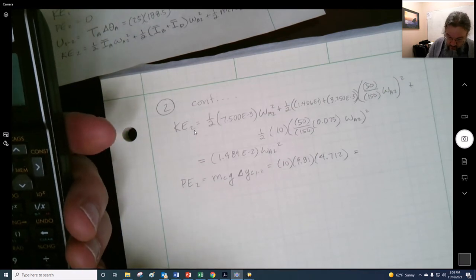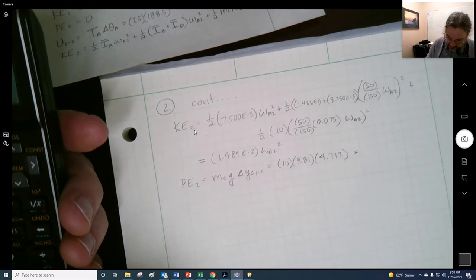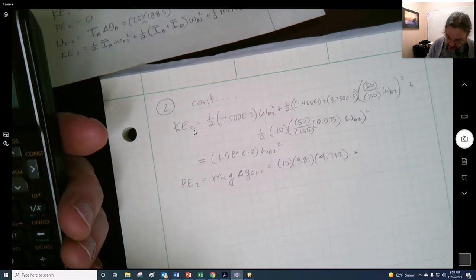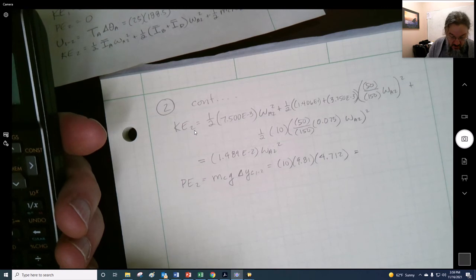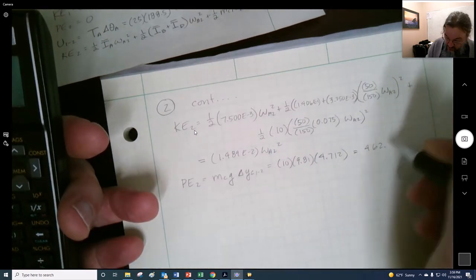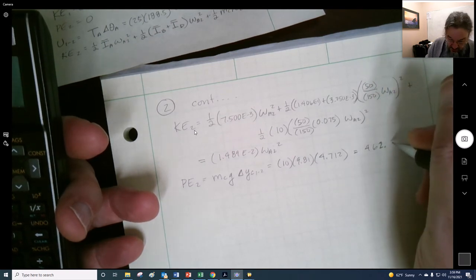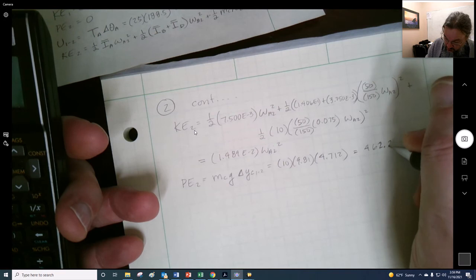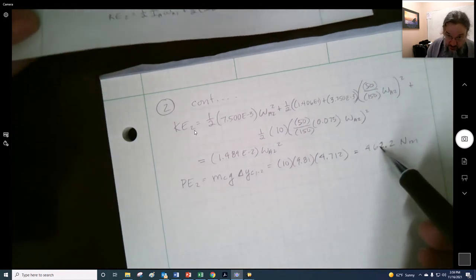So 4.712, 9.81 times 10 times. So 462.2 Newton meters.